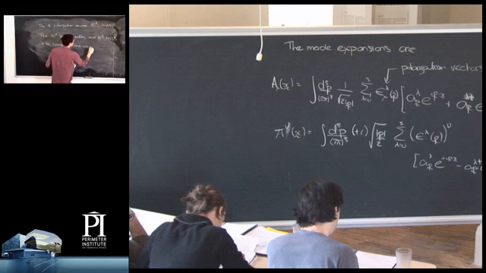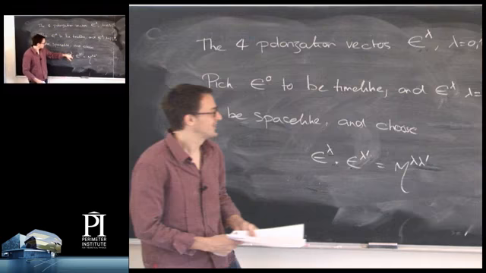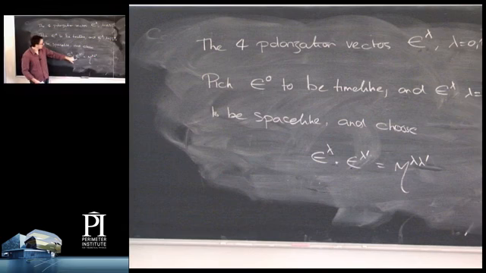And so we'll pick these to be some orthonormal basis, where orthonormal, so there's four vectors, and the set is labeled by lambda equals 0, 1, 2, 3. You dot them because they're each 4-vectors.